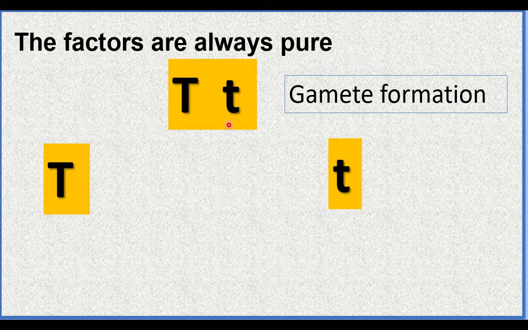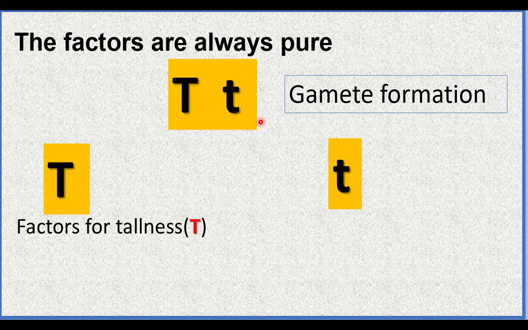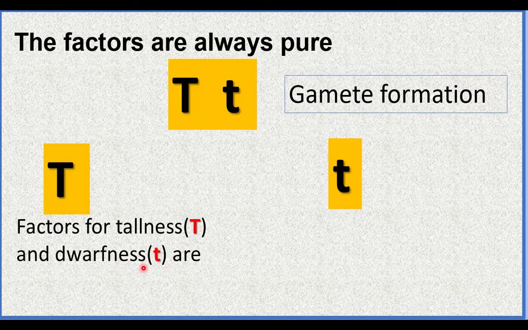When the F1 plants are self-pollinated, that will produce tall and dwarf again. So the factors for tallness, capital T, and dwarfness, small t, are separate entities. They are separate things. They do not mix together. During gamete formation they separate.